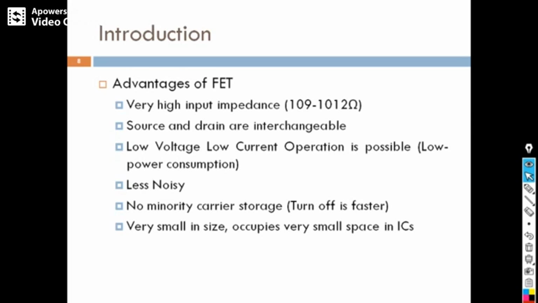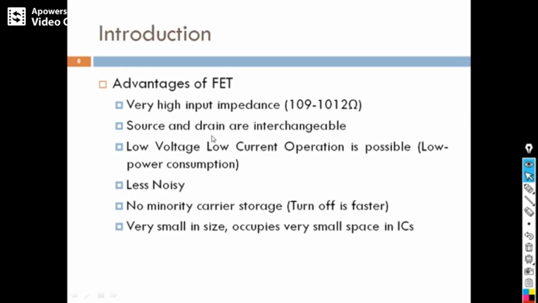That's why FET is called a unipolar device and BJT is called a bipolar device. Other than that, an advantage of FET is it has very high input impedance. If you have very high input impedance, it will not load the source. This is one advantage of FET. Whereas BJT has lower input impedance, it will load the source.